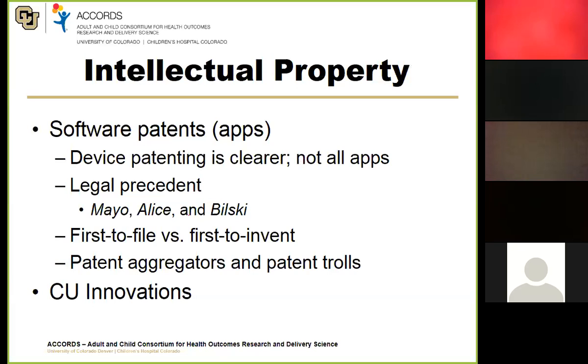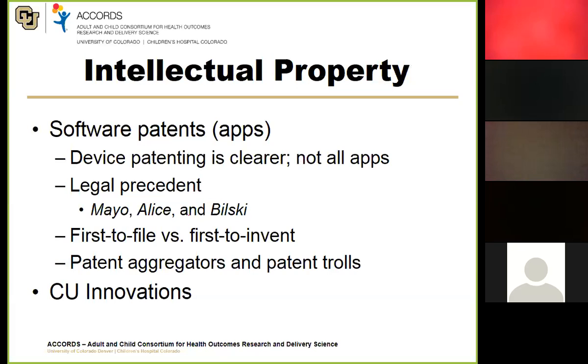The Alice case said that while the abstract idea isn't patentable, an inventive concept that transforms it is. But then in 2014, the Bilski case said that something that's a machine-based method or a process, like an algorithm, is not patentable just because it's machine-based, just because a computer calculates it.